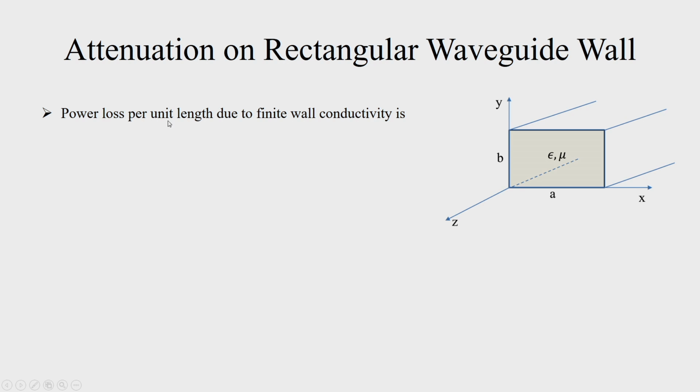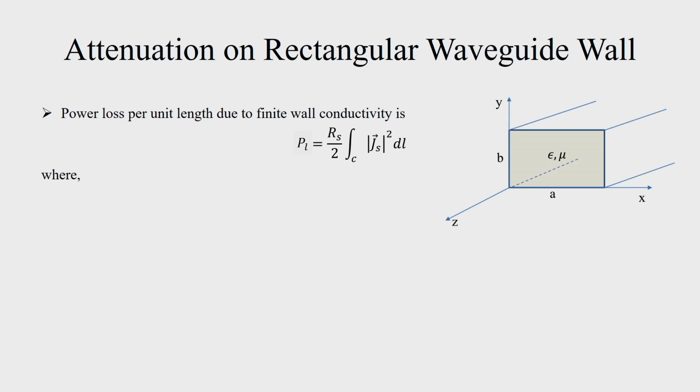Now, how do we calculate the power that is lost on the waveguide walls? This power loss per unit length due to finite conductivity is given by PL equal to Rs by 2, integral over the contour C of the magnitude of the surface current squared, |Js|^2 dl. Now, where does this surface current come from?